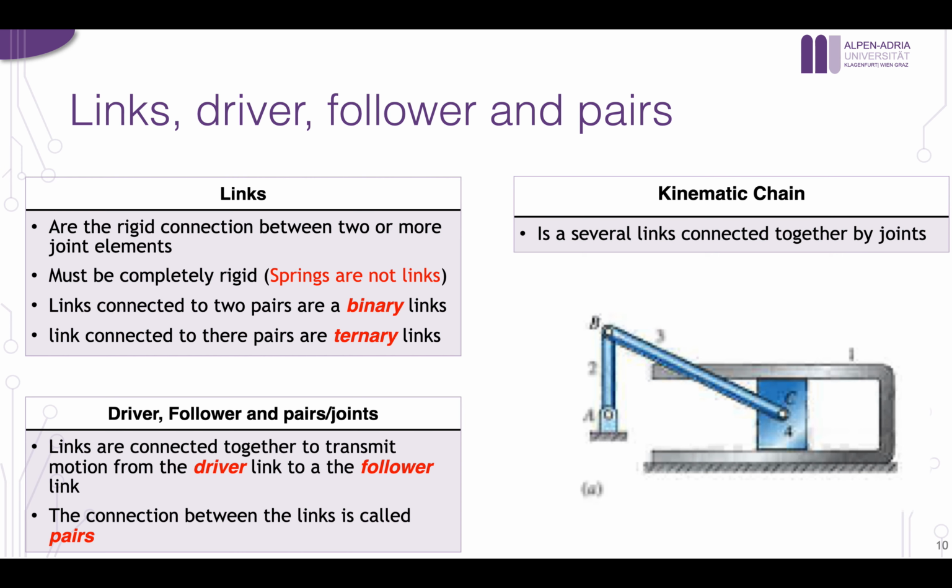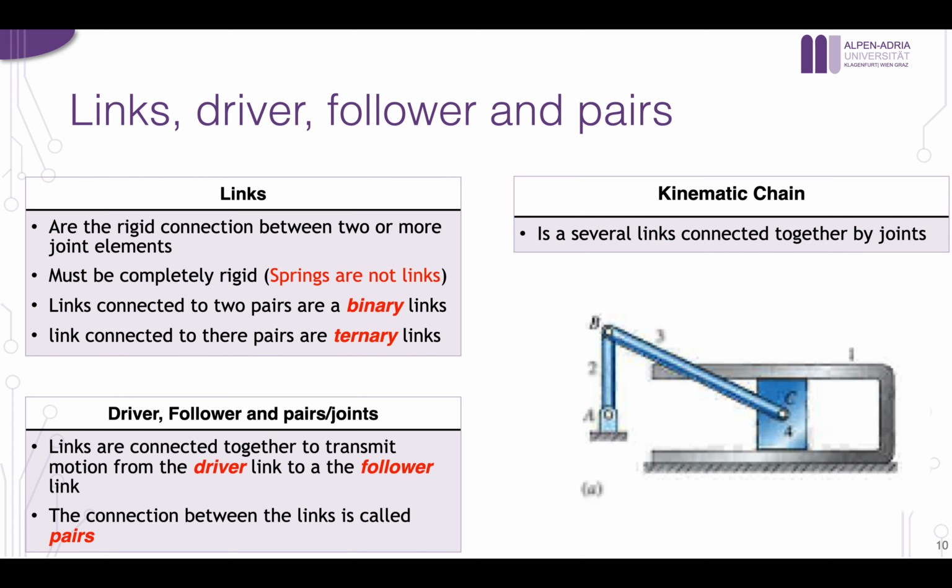It could also be a part of solid bodies, but the difference is that in solid bodies the connection between two links is static. Now here, for example, on the mechanism on the right side, we see links are numbered by 1, 2, 3, 4, and these are our links.